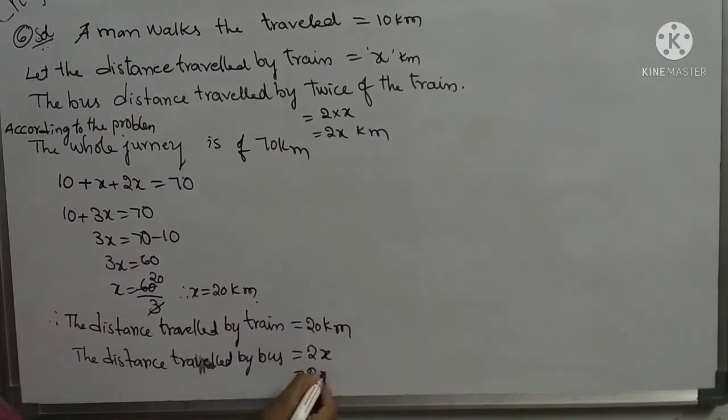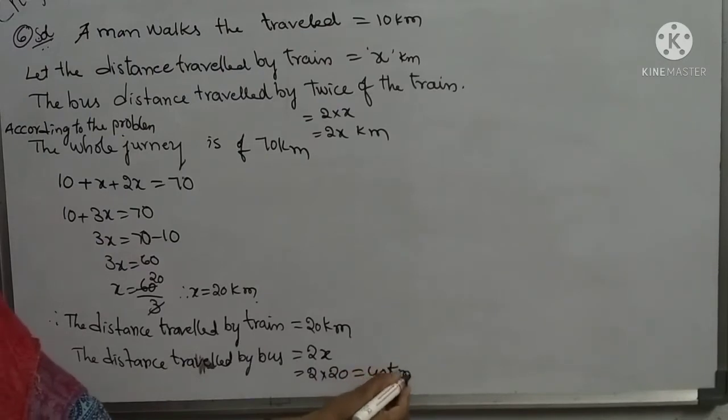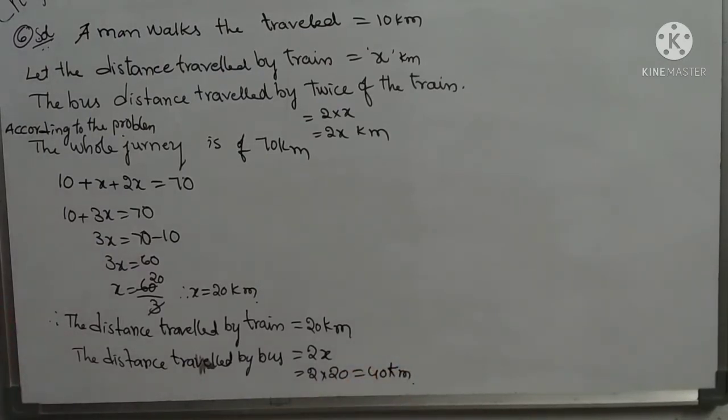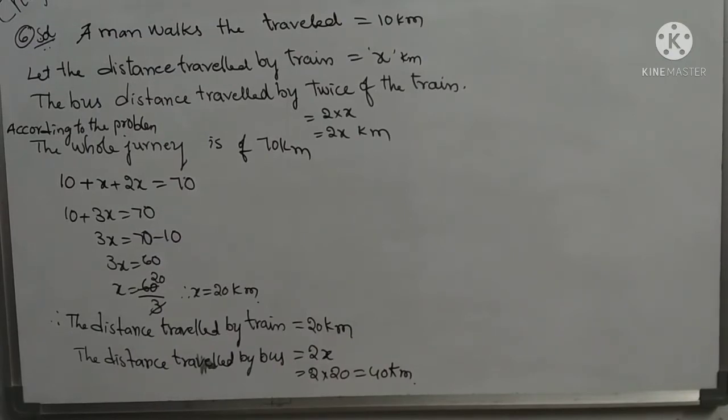So 2 into 20 equal to 40 kilometers. Understand that? The distance of the train is 20 kilometers and the distance travelled by bus is 40 kilometers. Children, I hope you understood the 6th problem and its solution. Okay. Now we will discuss the next problem.